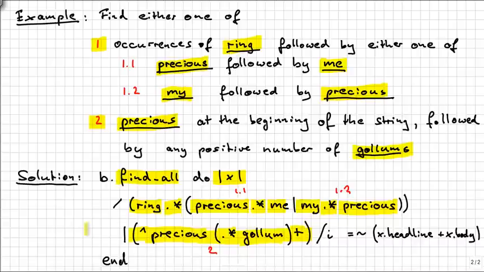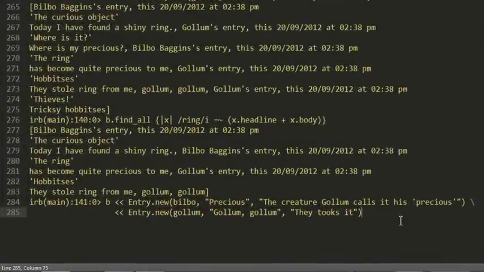And because they're alternatives, we use the alternation operator in regular expressions. Of course, we again use the option i for case insensitive matches, and then again we match against x's headline concatenated with x's body. Let's continue the example at the IRB.